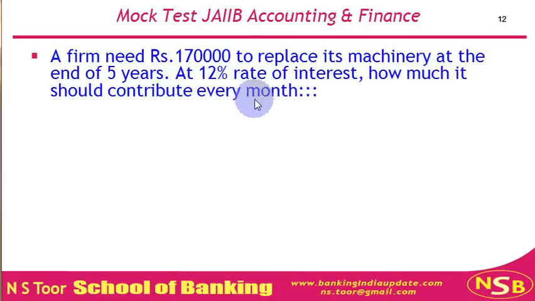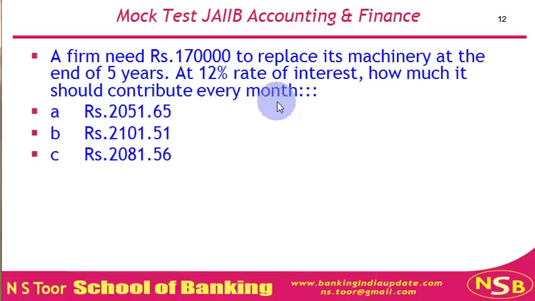So here this is the total amount. This is the future value, and we are given rate of interest and period, but we have not been told what will be the amount of annuity. And the amount of annuity we have to calculate.